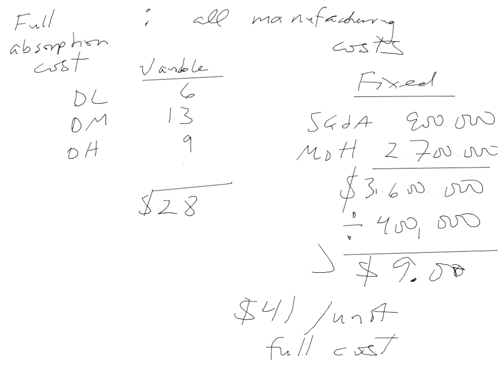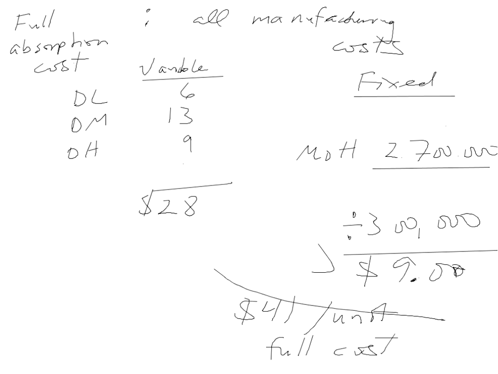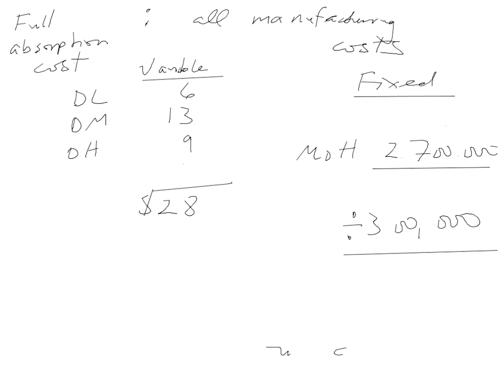It's also going to change our fixed cost calculation, because we're not going to consider selling cost here either. So we're going to take that out, and we're just going to deal with the $2.7 million manufacturing overhead. All right, so now we have our $28 variable cost. Now we do the math.